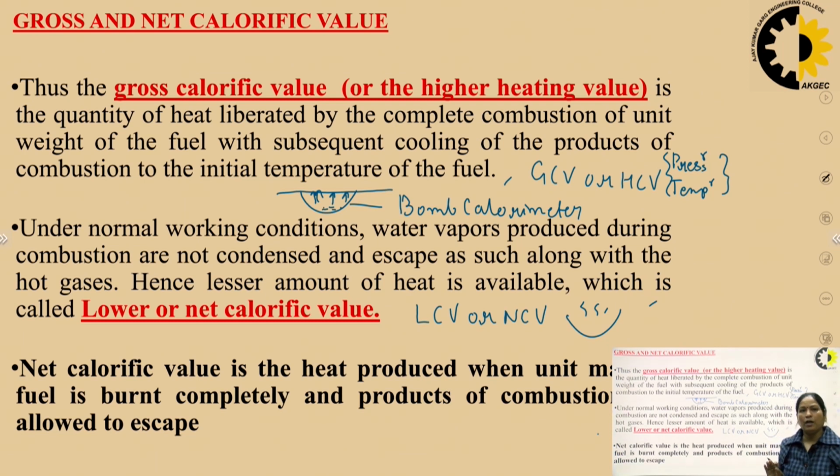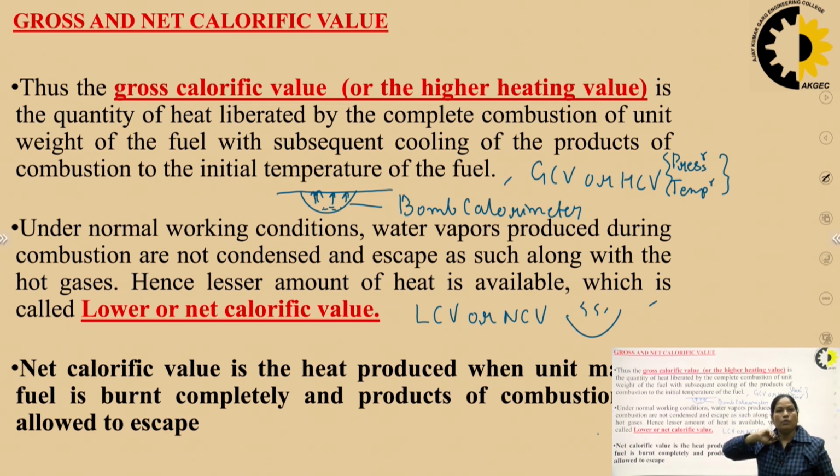If we have calculated the higher calorific value, we know this is the maximum amount of heat the fuel can provide. And lower calorific value is the energy given by the fuel which we can use in application. So we are going to calculate both.